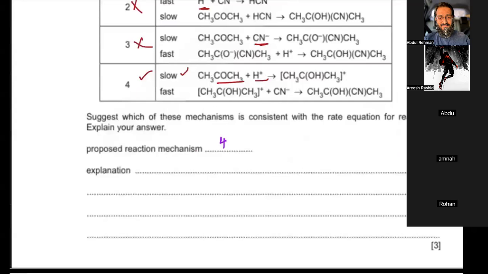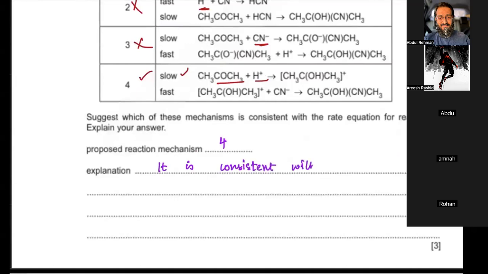So it is consistent with the rate equation, as in the slowest step, no cyanide ions are present.